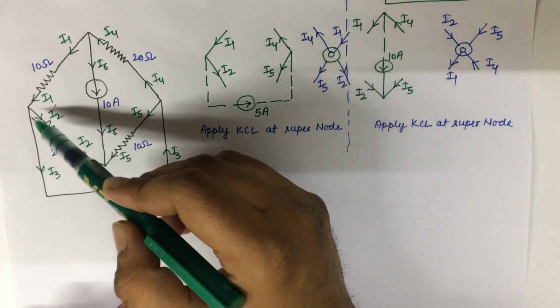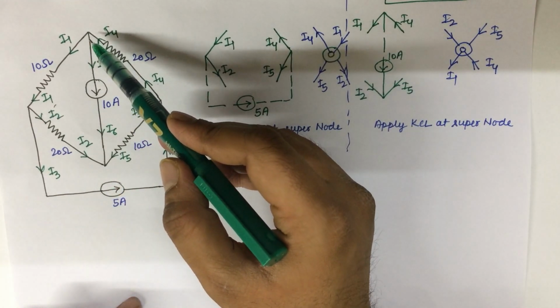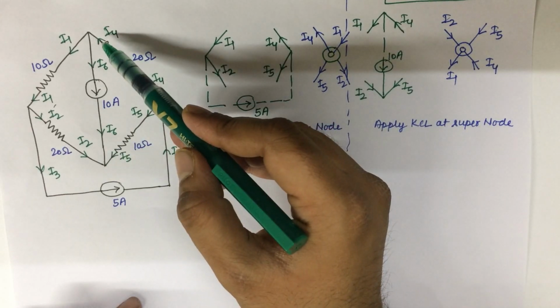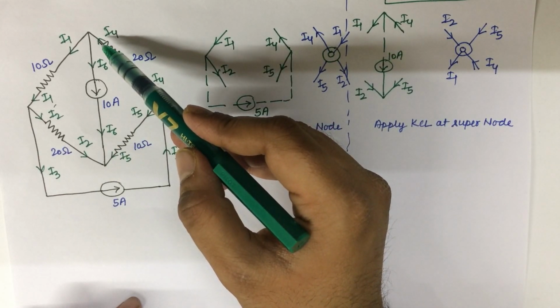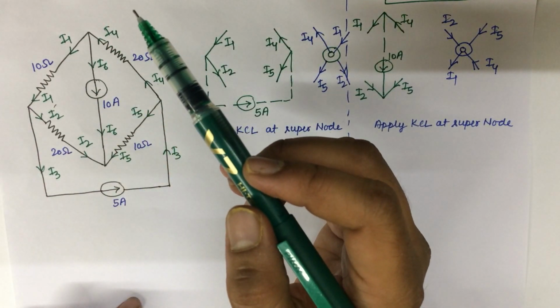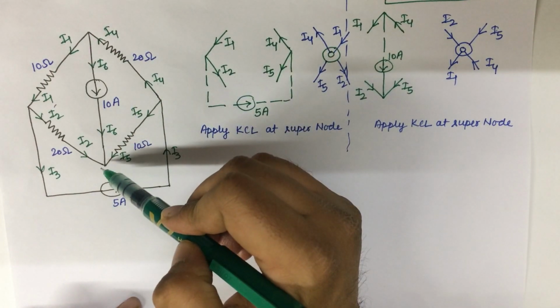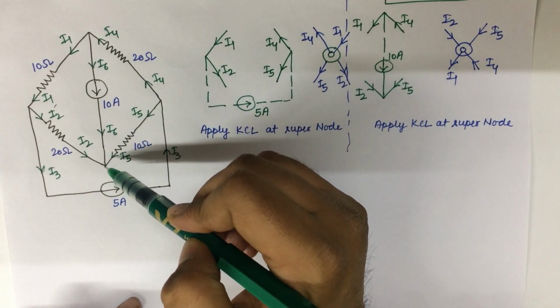So in this mesh or closed path we cannot apply KVL. In this mesh again we cannot apply KVL, and in the whole loop we cannot apply KVL. So there is just one mesh in which we apply KVL.